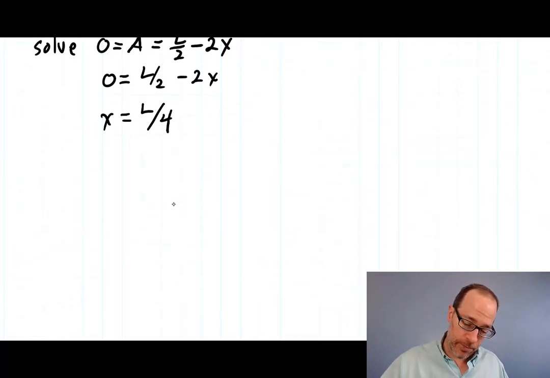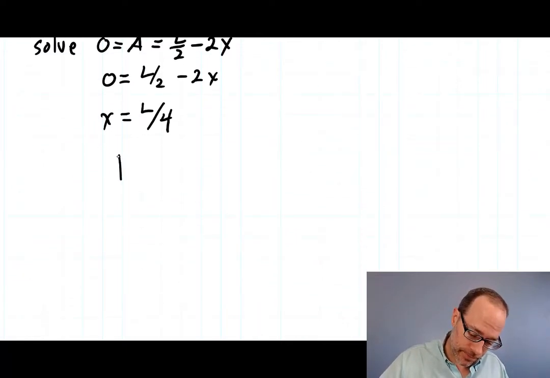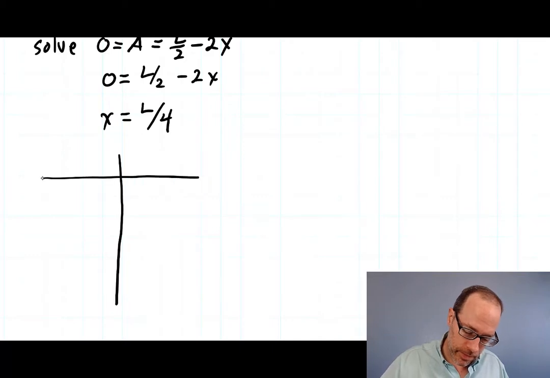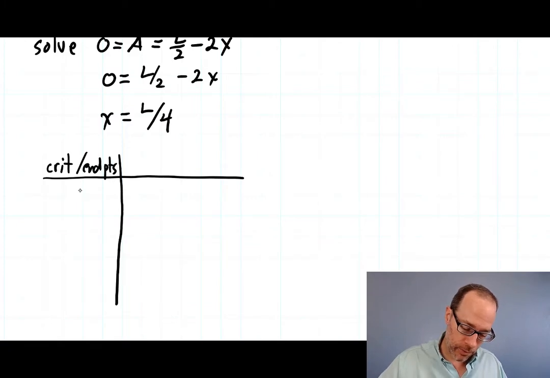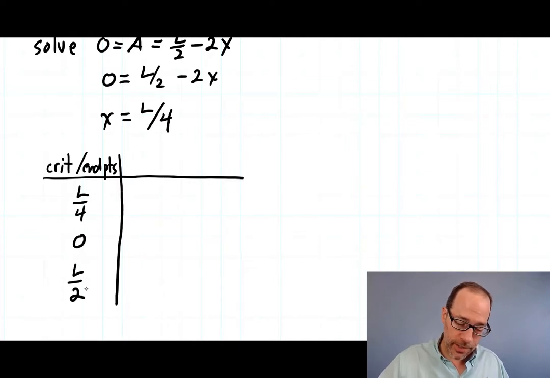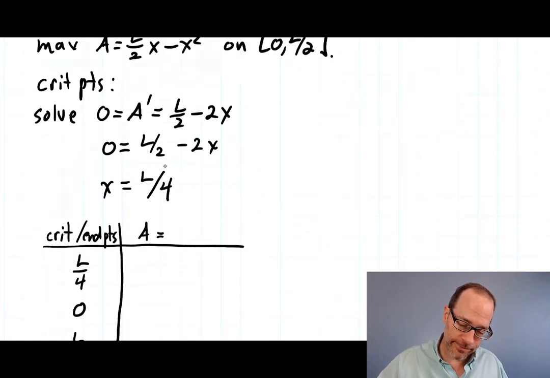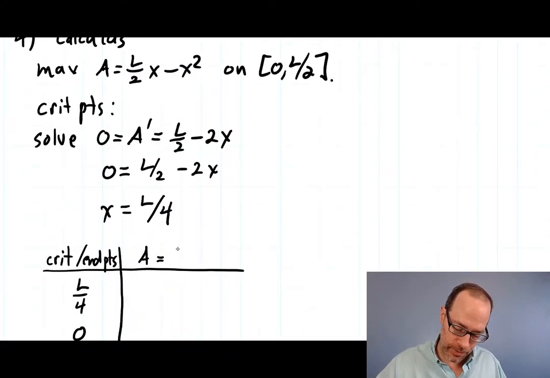And then, remember, we made this table where you put all the critical points here and the endpoints. So the critical point was L over 4. The endpoints were 0 and L over 2. And then you had to plug them into your function. And the function was, well, let's factor out the x, x times L over 2 minus x.